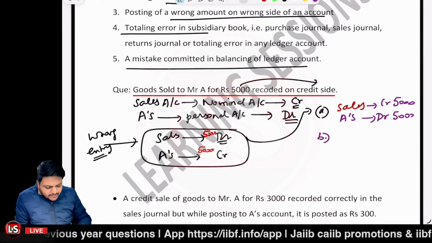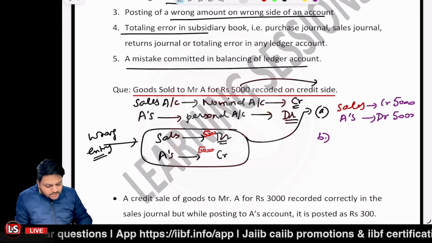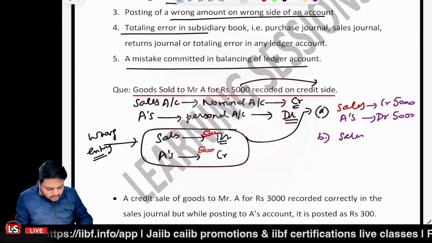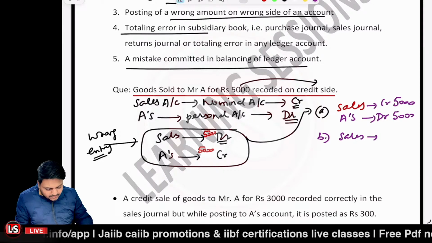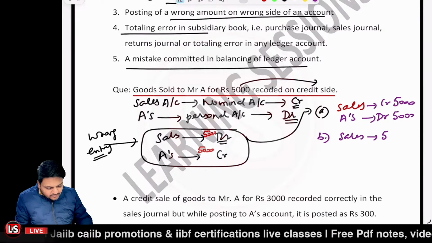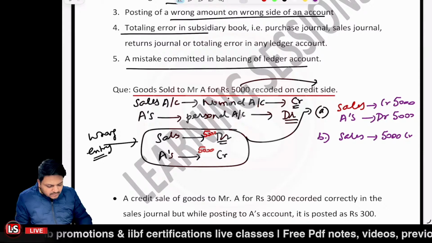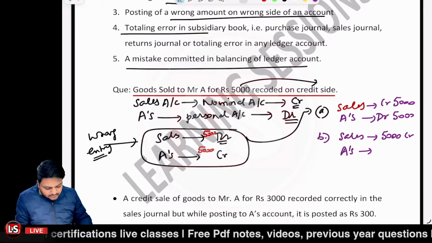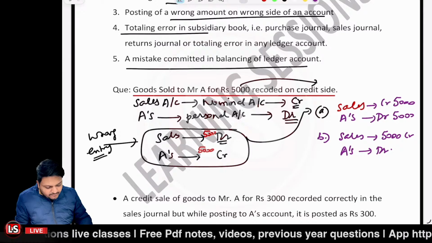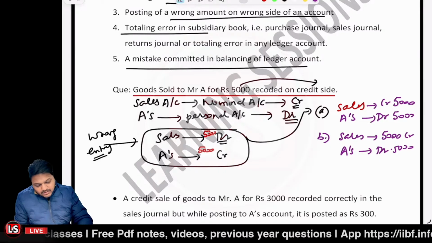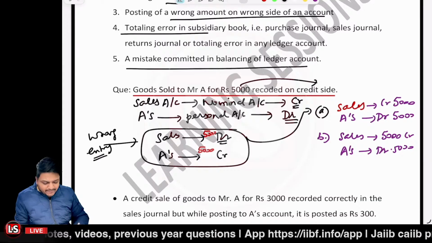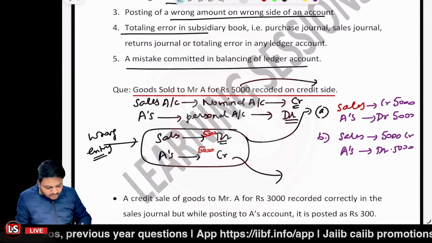The second would be related to posting the correct entry. That would be that the sales account is to be credited with 5,000 and A's account is to be debited with 5,000, right? So combined, we say we are to rectify this entry. What will we be saying?